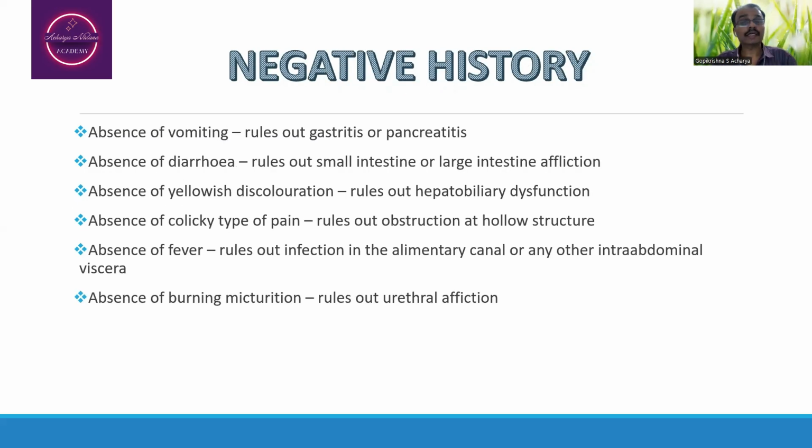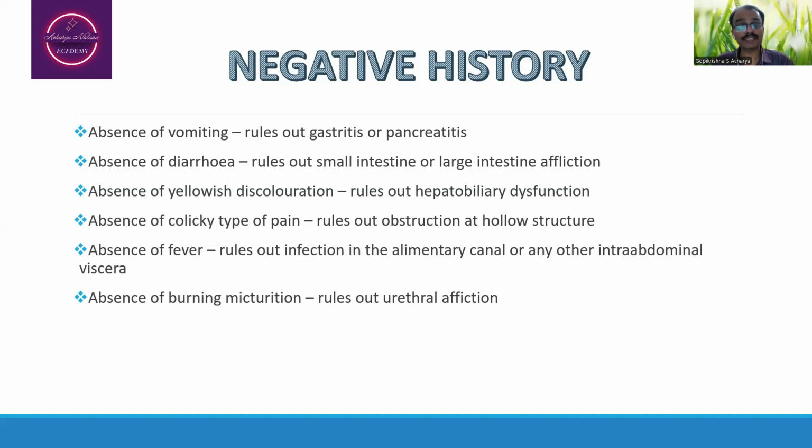Apart from that, the differential diagnosis can also be done by noting the negative history. For example, the absence of vomiting may indicate the disease is not gastritis or pancreatitis.